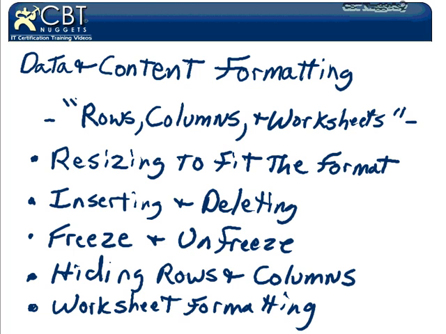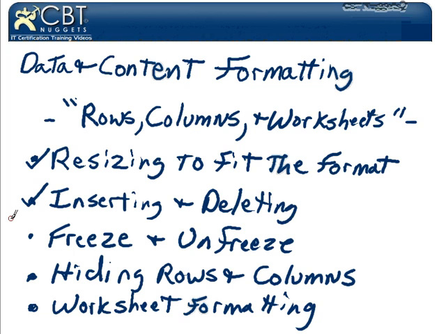So in this video, we took a look at how our columns, our rows, and our worksheets can affect how our data and content is formatted. Sometimes we might need to resize those columns so that we're able to see the entire thing that's going on with our text or our data within those columns, or even rows sometimes. We might need to add a few additional ones.